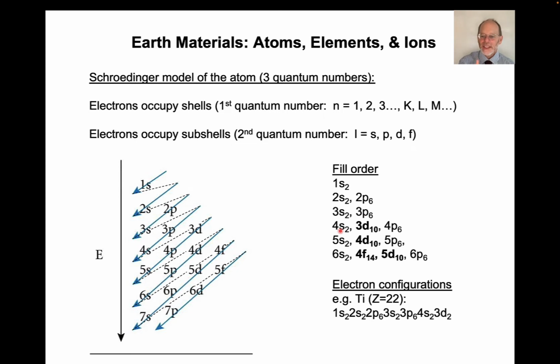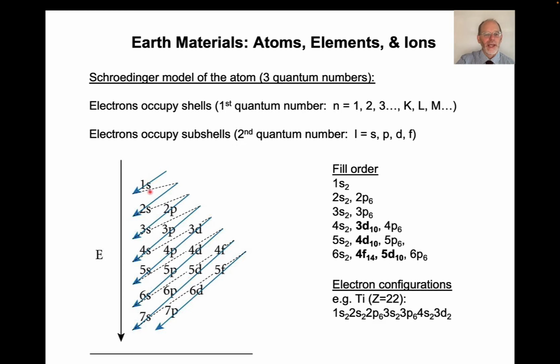4s. And this is the tricky part. After we hit the 4s subshell, the next subshells that are filled are the 3d subshells, then the 4p subshells. So if we look at this distribution of the different subshells as we move from shells 1 through 7, the fill order follows this set of arrows.